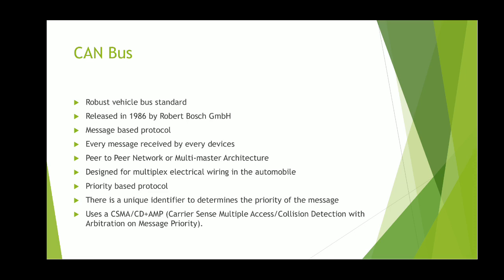Here, in order to indicate the priority, a unique identifier is used, and this unique identifier determines the priority of the message. Depending on the priority of the message, the bus arbitration technique will only allow one message to be transmitted.